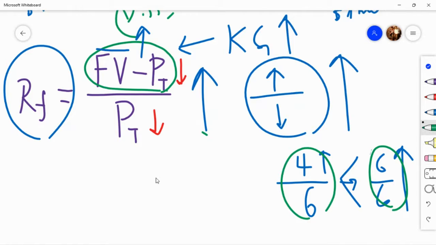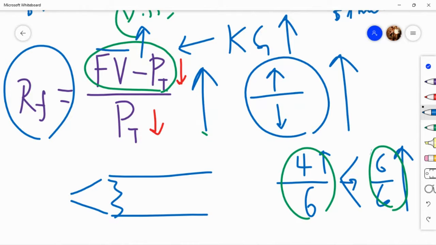reducing the extent of the easy money policy. Why? Because taper is something like this. The pencil tip is an example of taper. This is a pencil, right? Pencil tip. Now think about it.